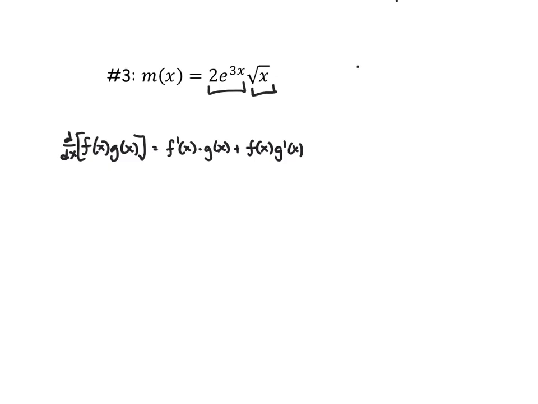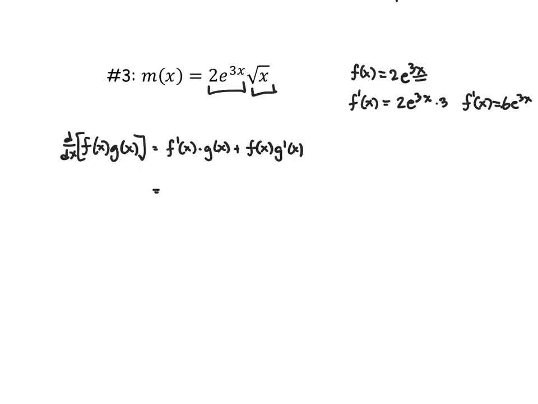So the first function is 2e to the 3x. Now this is going to require chain rule for its derivative. So the derivative of 2e to the 3x is itself. The derivative of the inner function, 3x, is 3. So the derivative of f of x is 6e to the 3x.